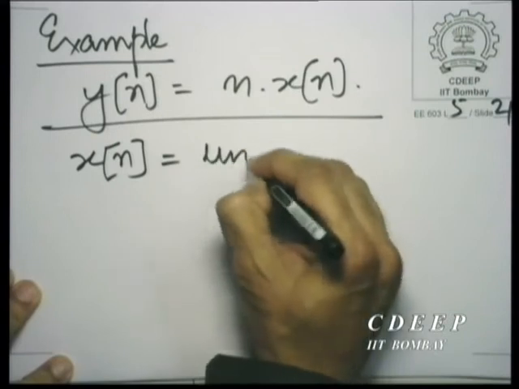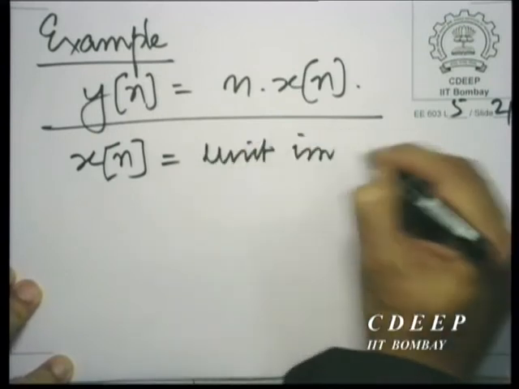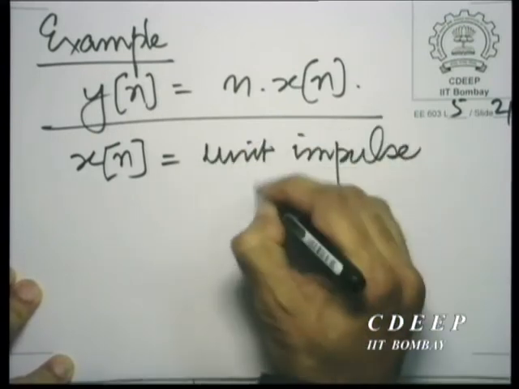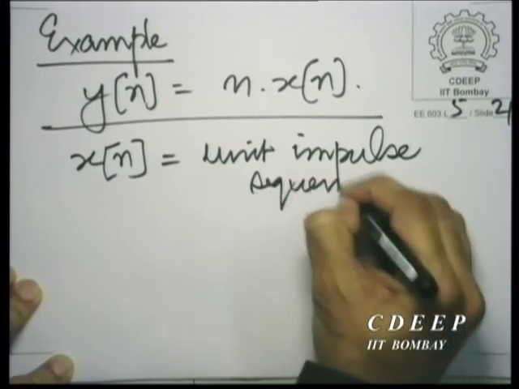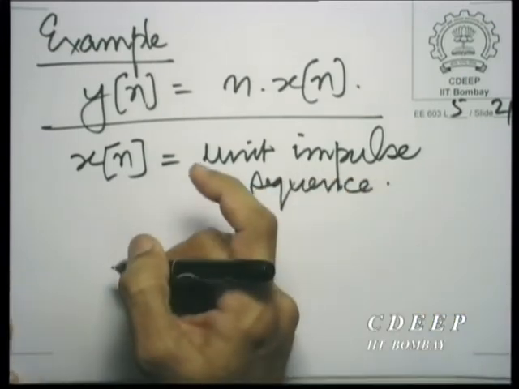So, now let us take 2 inputs. Let us take x n, now we bring in some notation. We bring in a very important sequence that we will often use. We call it the unit impulse sequence. We will use this sequence very frequently in future.